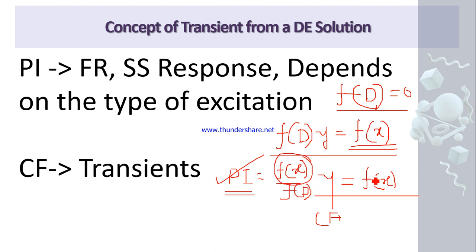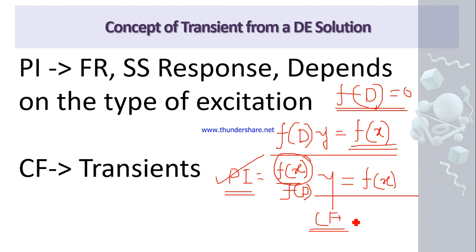But for the complementary function, there is no excitation part. That complementary function part of the solution of a differential equation will give the transients. Okay, without any excitation, it will behave in some way.